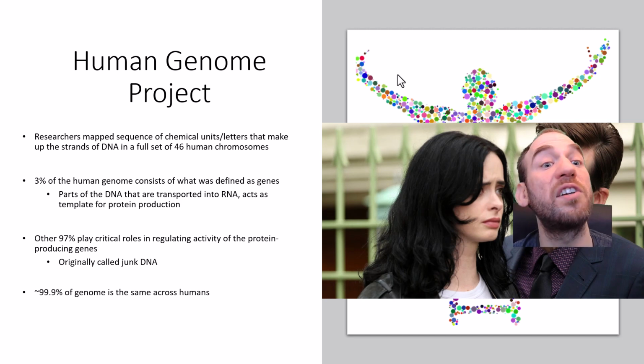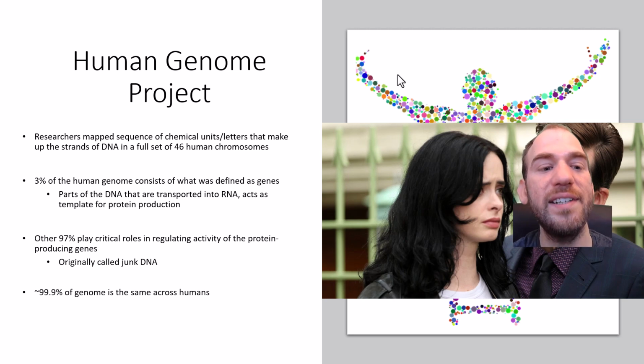Moving on to the Human Genome Project. This is a project instituted by the U.S. government with some other countries, but really a big U.S.-funded project to map out the entirety of the genome. Researchers mapped sequences of chemical units, or letters, that make up the strands of DNA in a full set of 46 human chromosomes. 3% of the human genome consists of what was defined as genes, parts of the DNA that are transcribed into RNA, which acts as a template for protein production.